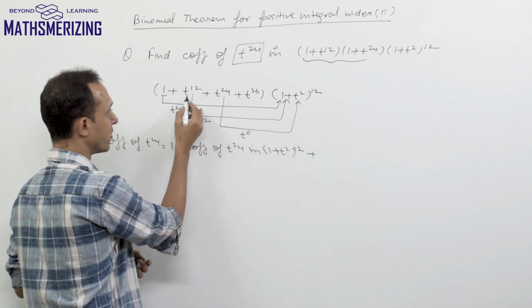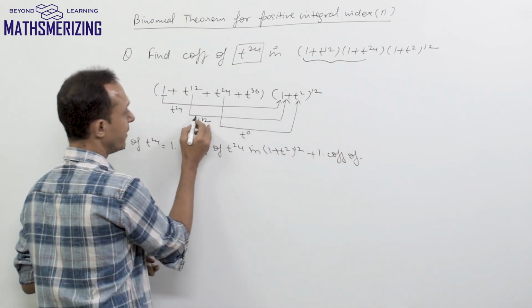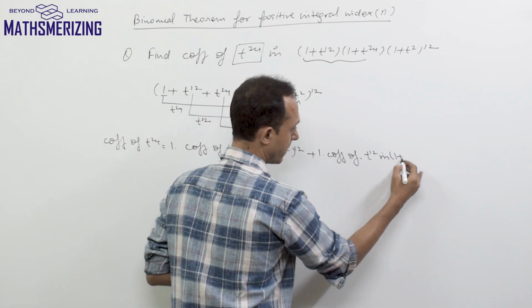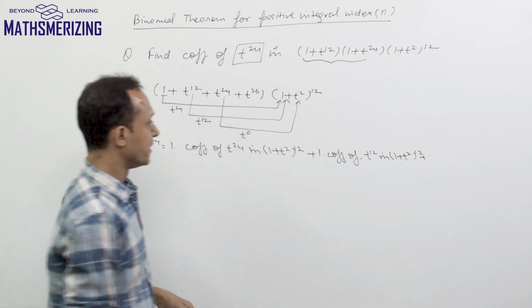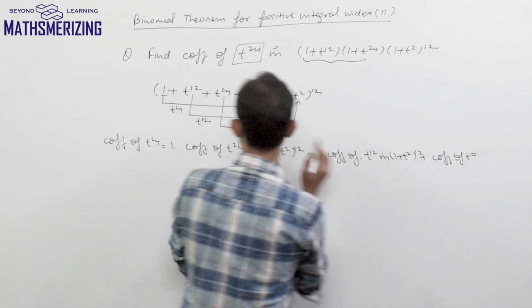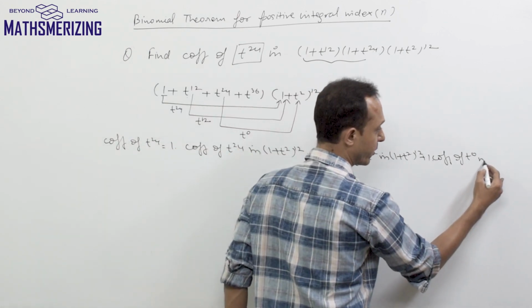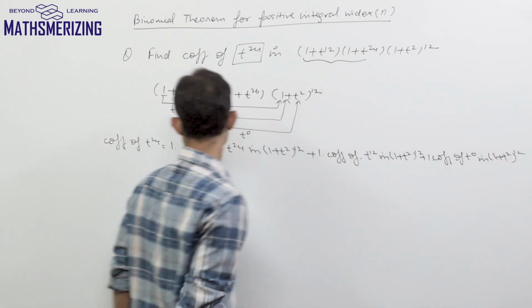plus, now again here the coefficient is 1, so 1 into the coefficient of t to the power 12 in (1 plus t squared) to the power 12. And finally, the coefficient of t to the power 0. Here again, the coefficient of t to the power 24 is 1. So 1 into, and then t to the power 0 in (1 plus t squared) to the power 12.